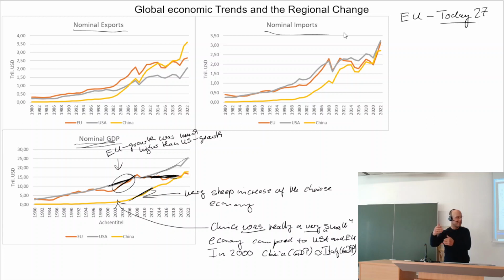There you always have fluctuations of 10 or 20% within a year. And also, to get the aggregate for the EU, we have very much intra-EU trade between the countries, and therefore canceling out the price effect is not that easy. And therefore, I took only the nominal data here.